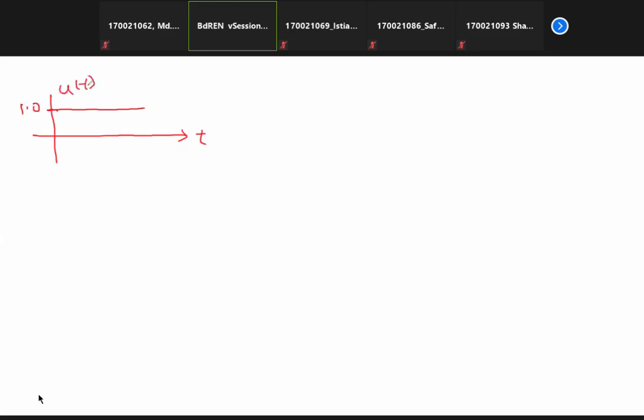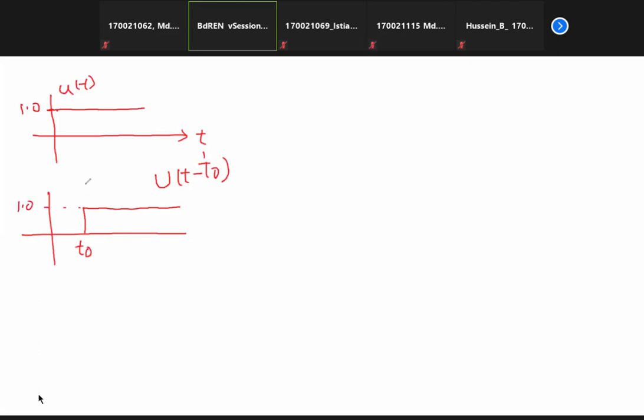Now you see that we can shift our function, in either way. For example, if we shift this unit step function in this way, u(t minus t0), what does it mean? The step function will appear at t equal to t0. That means your function will be looking like this, isn't it?